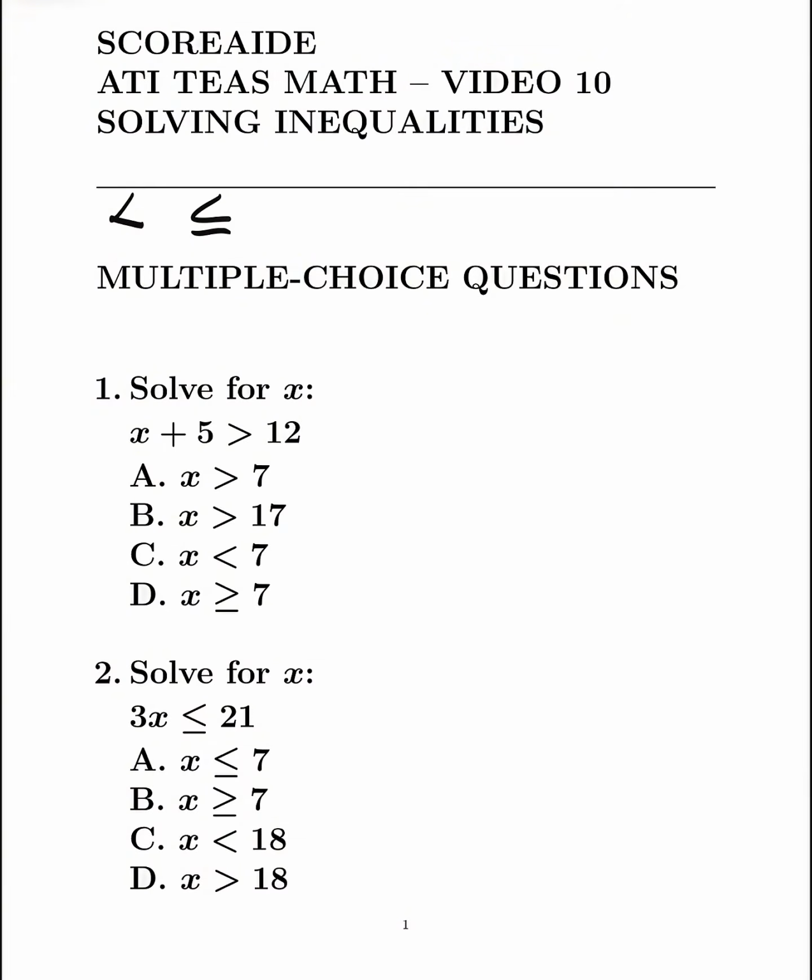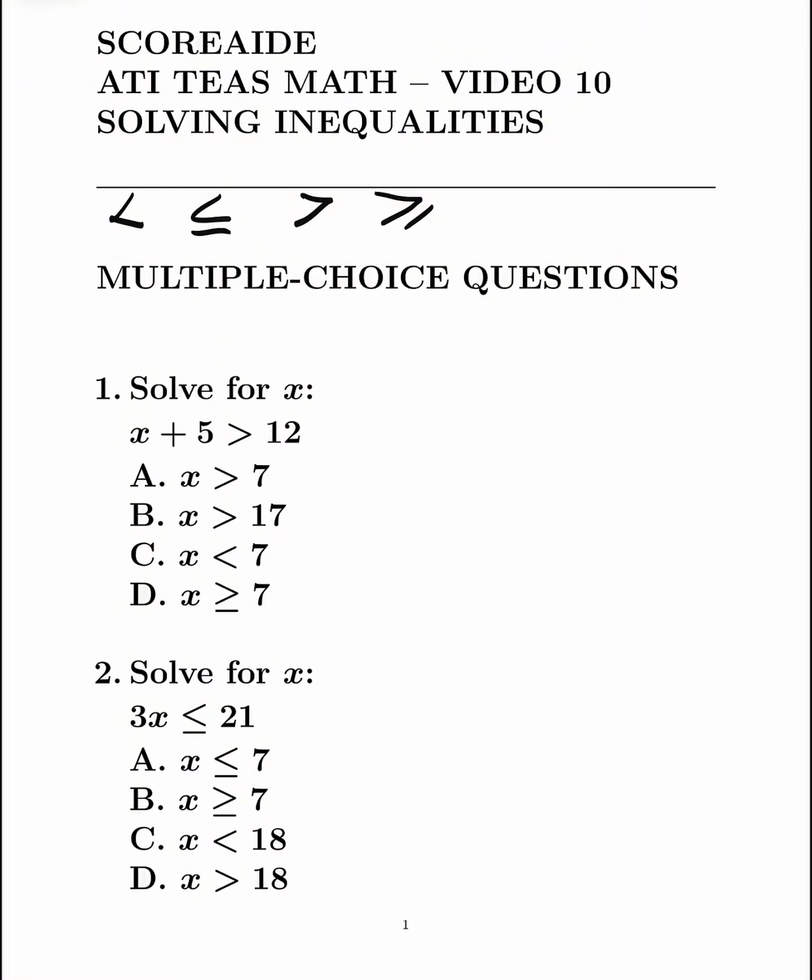Those are the literal sayings. We have greater than or equal to. These are all the four inequality signs. Greater than or equal to literally means at least.